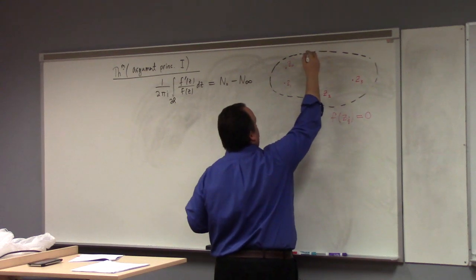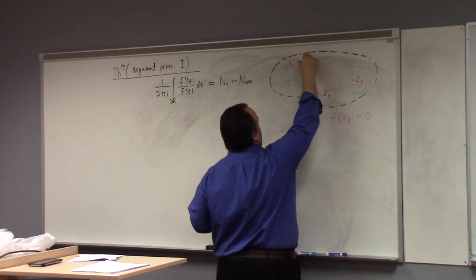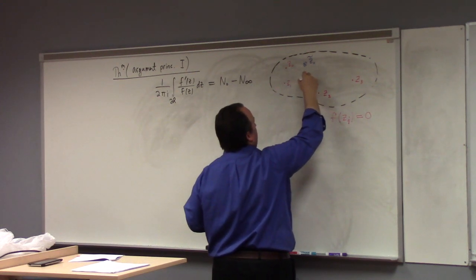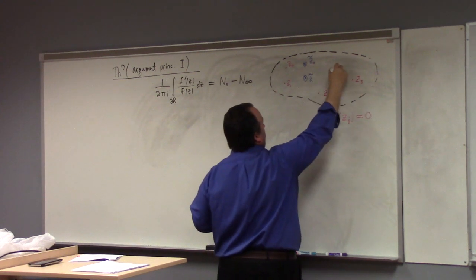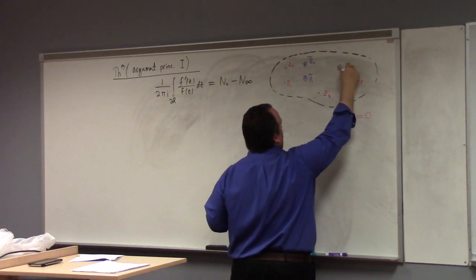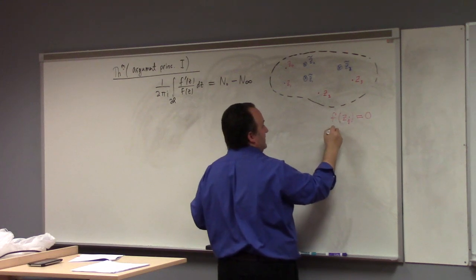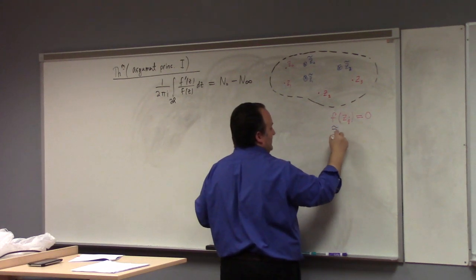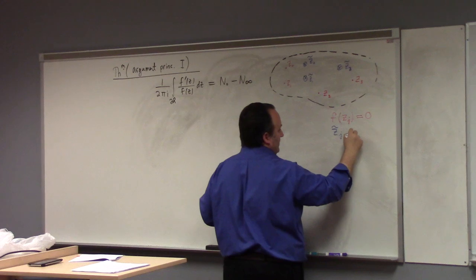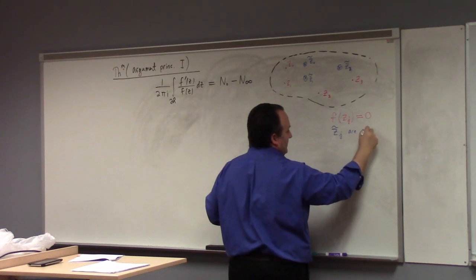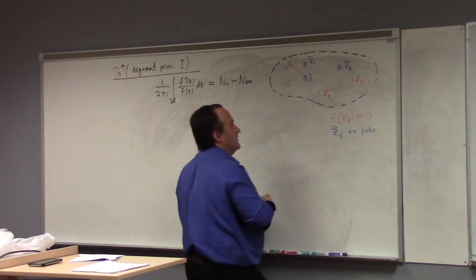I'll use some other letter. Let's see here. z tilde. Right, and there we have z tilde sub j are poles, right?